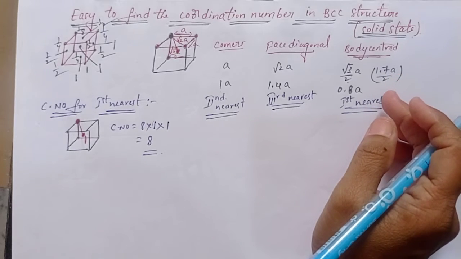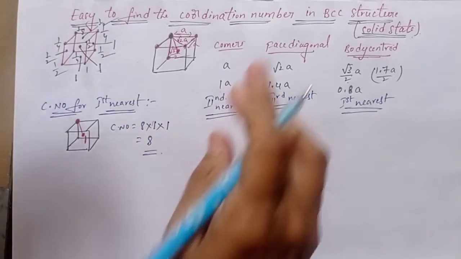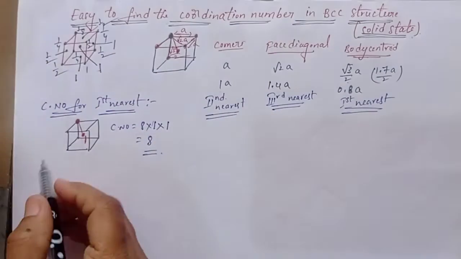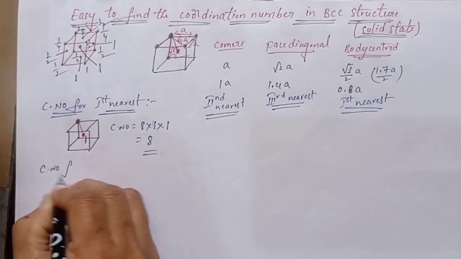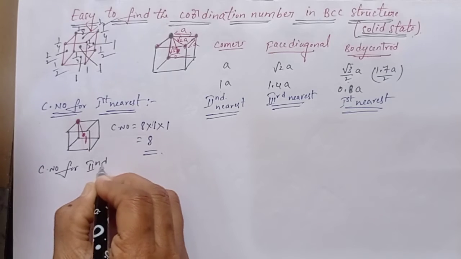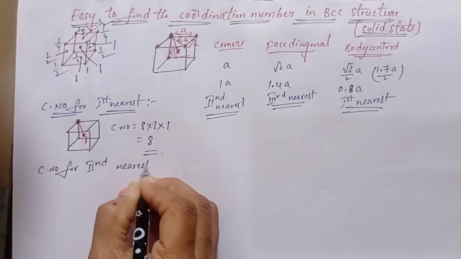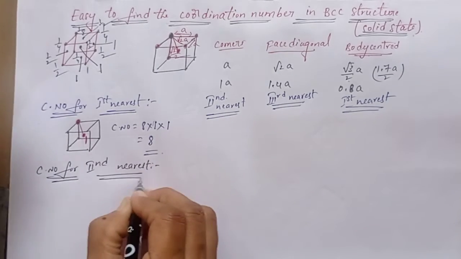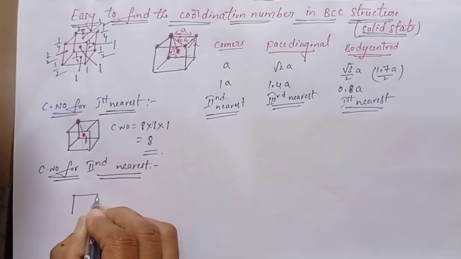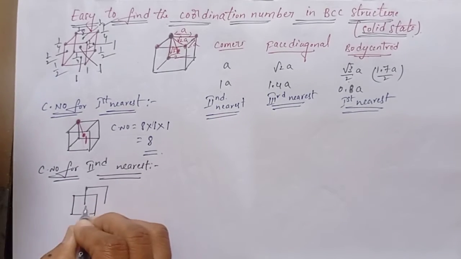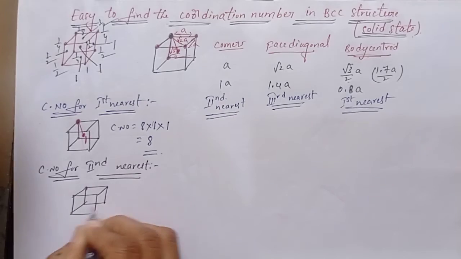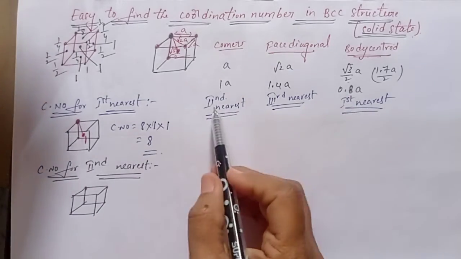Now I'm going to calculate the coordination number for the second nearest. I am taking the cube again. Who is the second nearest, students? Corners.